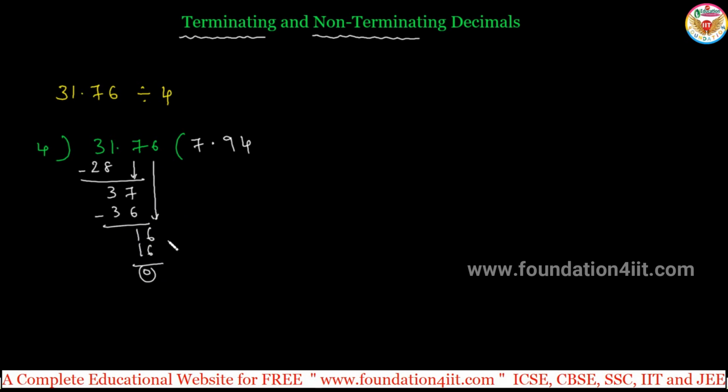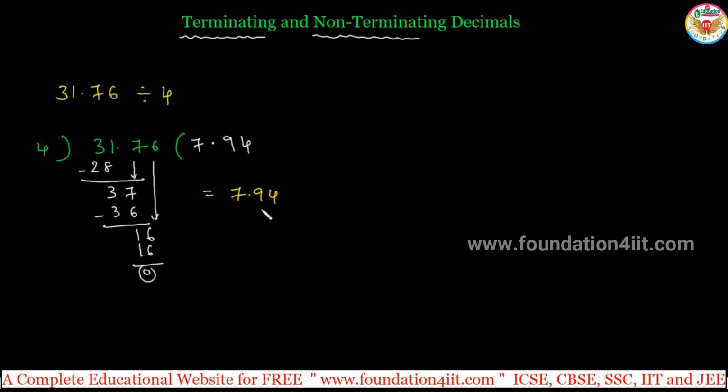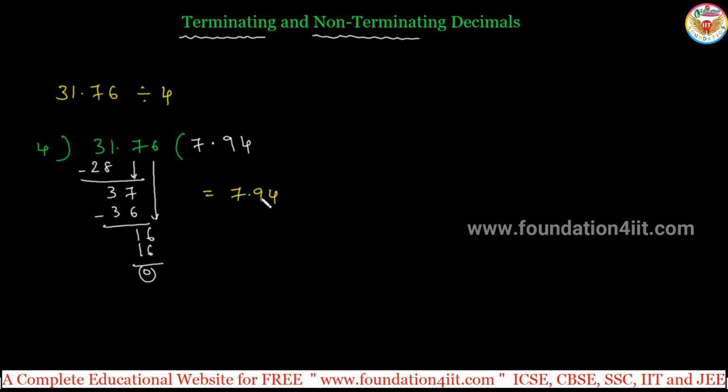After certain steps, we completely got the remainder 0. So there is no remainder left after certain steps. Such answers in the quotient are called terminating decimals. So this is the quotient, 7.94. This is the terminating decimal.